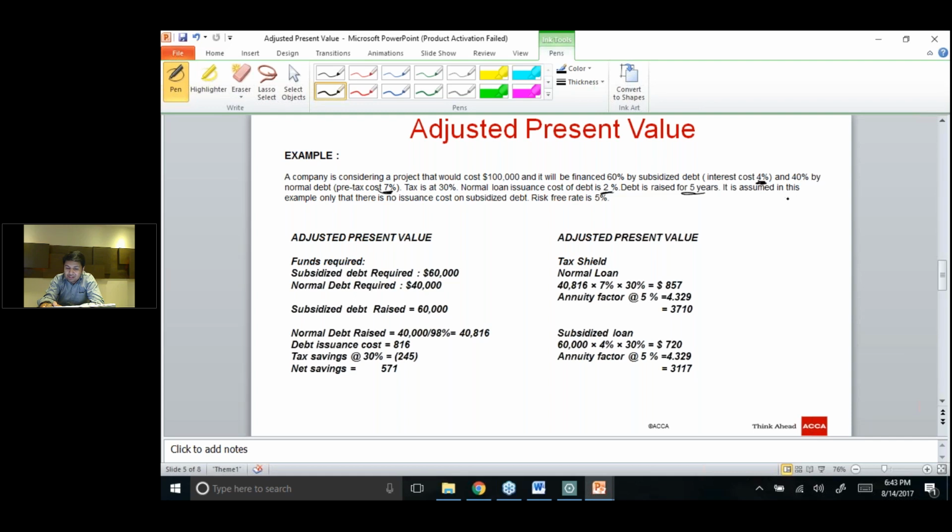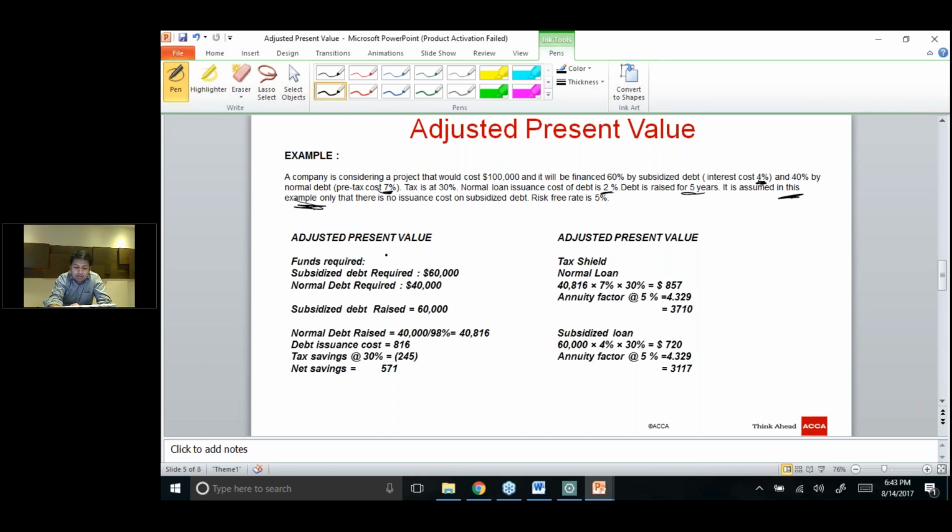It is assumed in this example only that there is no issuance cost on the subsidized debt. It is only for simplicity purposes. Otherwise, normally there can be issuance cost on the subsidized debt. Risk-free rate is 5%. So the very first step is to calculate funds required.